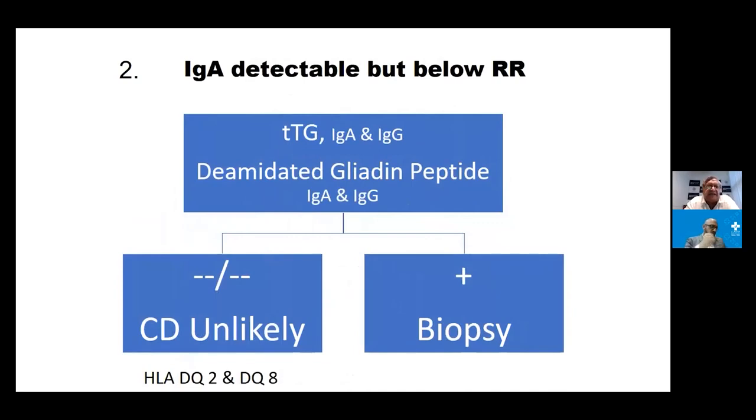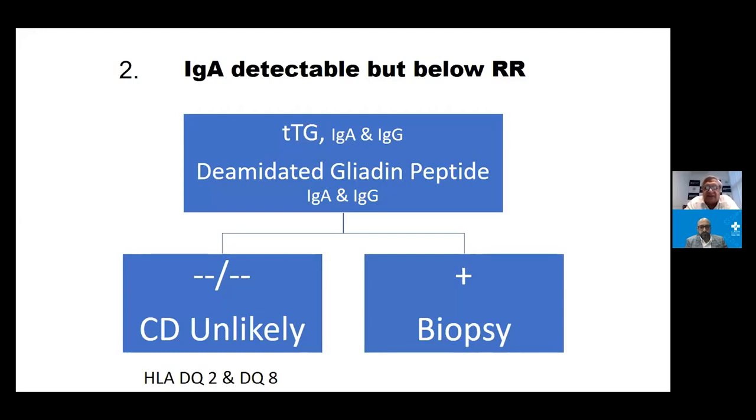If IgA is detectable but below the reference range, then TTG IgA as well as deamidated gliadin peptide of IgG should be used. Of course, TTG is available as IgA and IgG, and deamidated gliadin peptide is available as IgA and IgG, but the most effective would be to test for TTG IgA and DGP IgG.